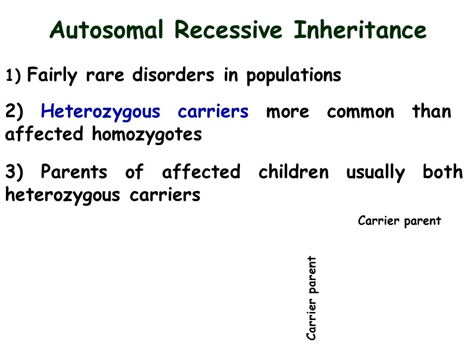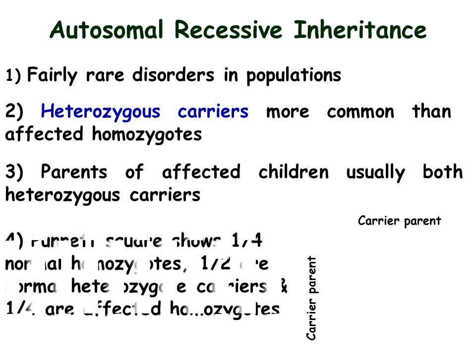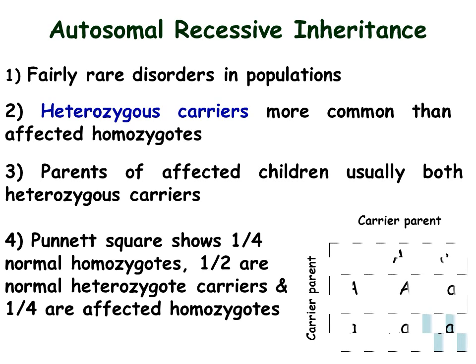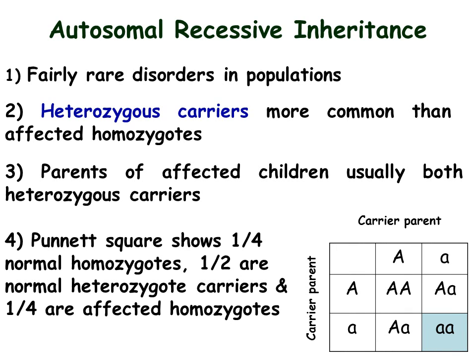Parents of affected children will usually both be heterozygous carriers. And the Punnett square that I've now put over there shows that 1/4 will be normal homozygotes. Half of them will be normal heterozygotes, and of course, fortunately, only 1/4 will be the affected homozygotes.